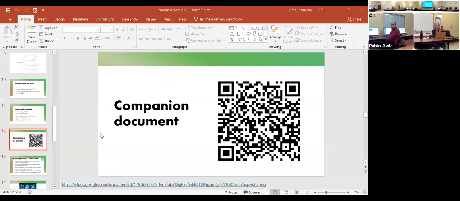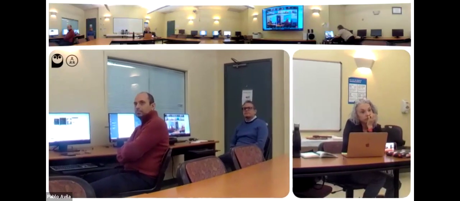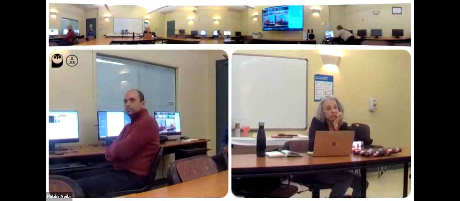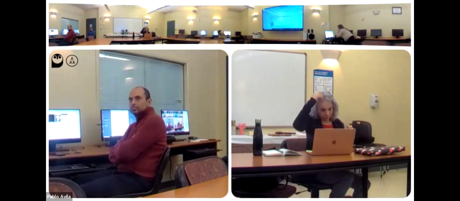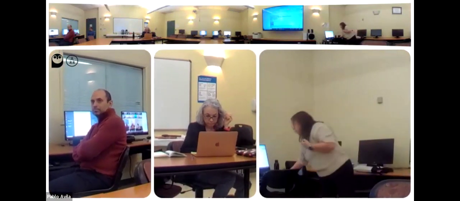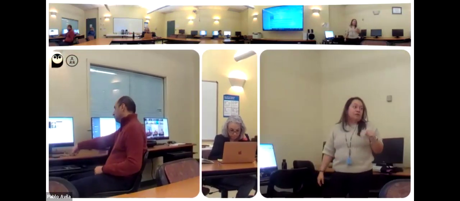And then I'm going to put this link in the chat. I just put the link in the chat. This is the document that I call the companion document, where we're going to be going through all the different templates that we're going to be using for the hands-on activities.